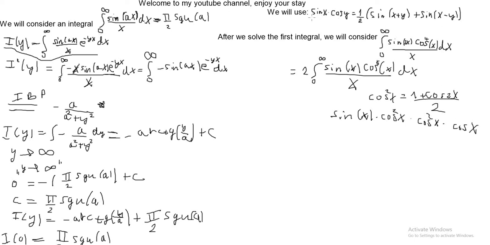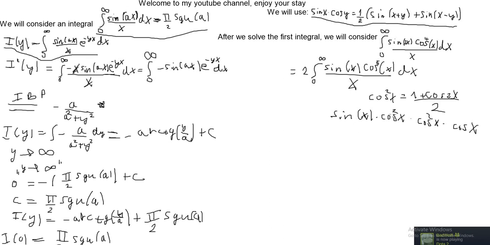Sine times cosine nicely gives us sine of something, and we know what sine of something over x is. It's the formula we just derived. I won't do the calculations because it will take too much time to solve the trigonometry. I will give you the result.